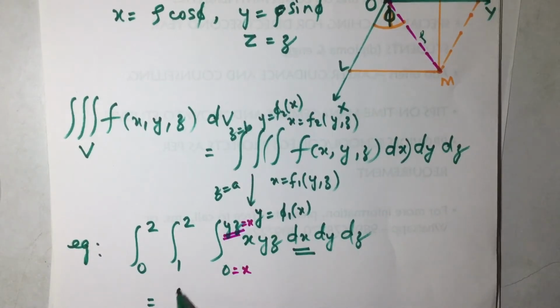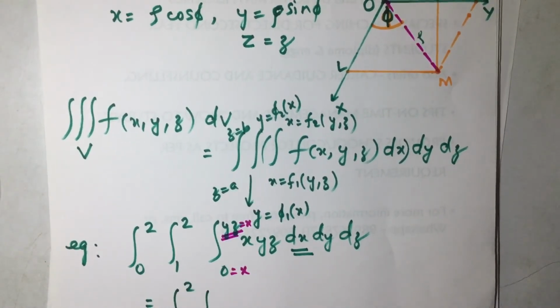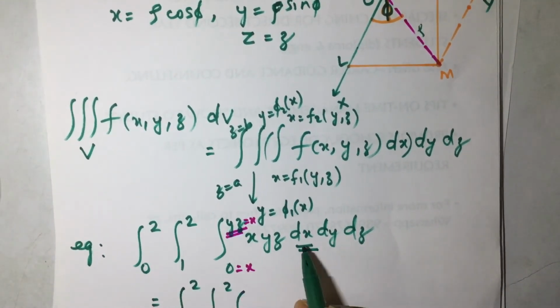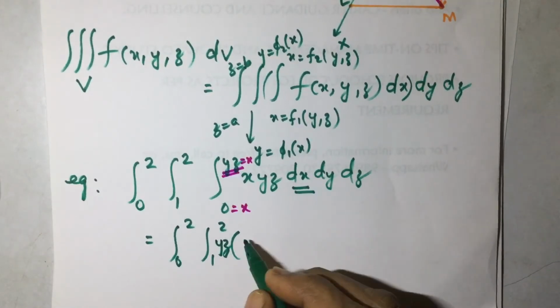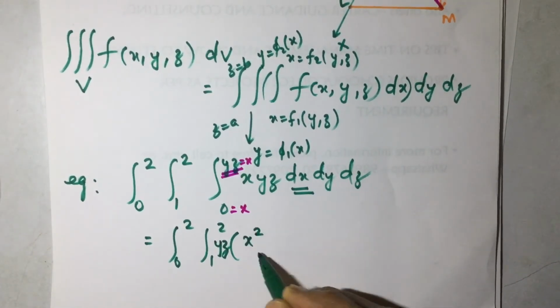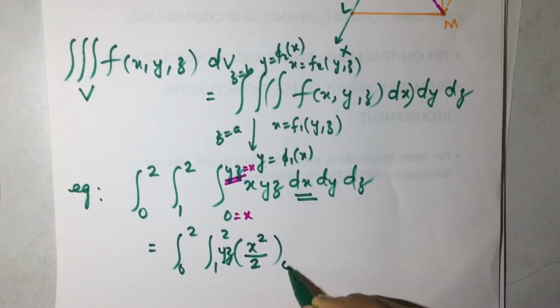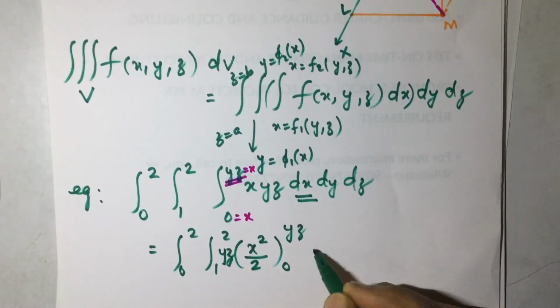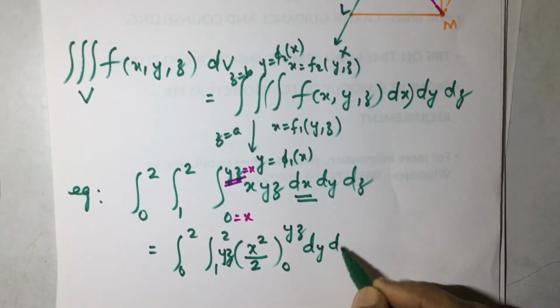So here this is 0 to 2, 1 to 2, integrating with respect to x, where yz is constant. Then the integral of x is x square divided by 2, with limits 0 to yz, dy dz.